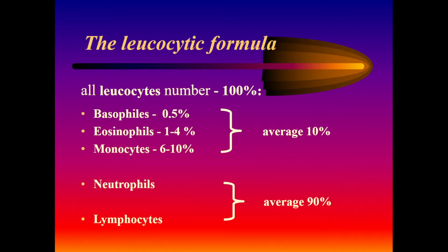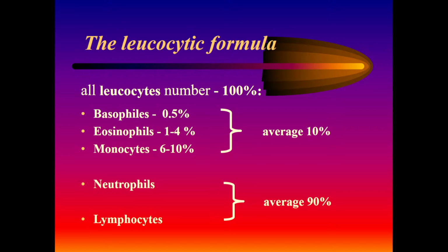The leukocytic formula includes, of all leukocytes number, basophils, which in normal are no more than 0.5%, eosinophils in normal between 1 to 4%, monocytes between 6 to 10%, and all of this group on average 10%.